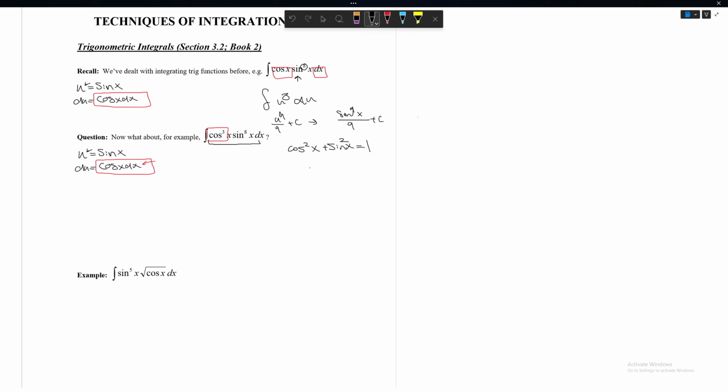So if I take sine to one side, I can replace a cos squared by 1 minus sine squared. And I could do this vice versa. If I take cos to the other side, then I can replace a sine squared using 1 minus cos squared. This is how you can change sine in terms of cos, and how you can change cos in terms of sine. And that will really help you out.